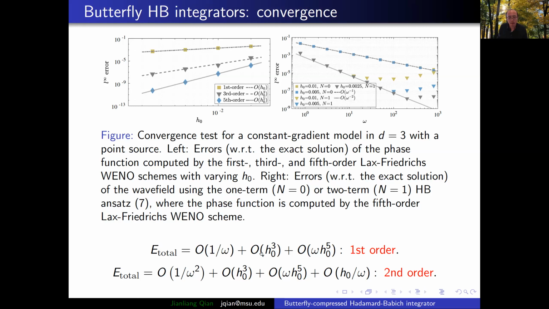When the first term dominates and the other terms are small, we preserve first order convergence. In the second order case, the first term quickly becomes very small, so we see this kind of funny convergence behavior. When the other terms are not dominant, we preserve first and second order convergence.